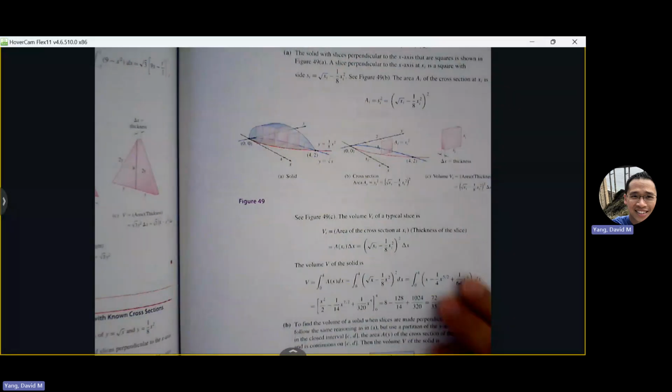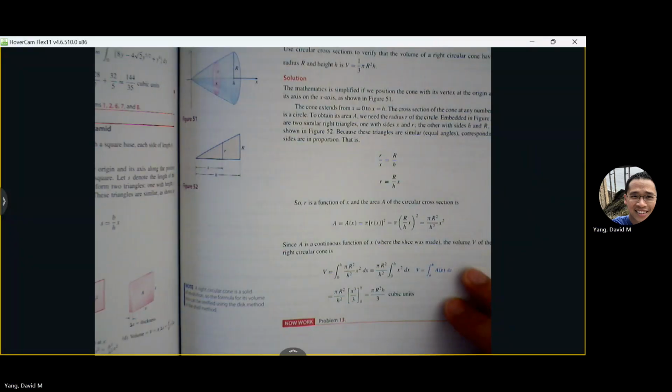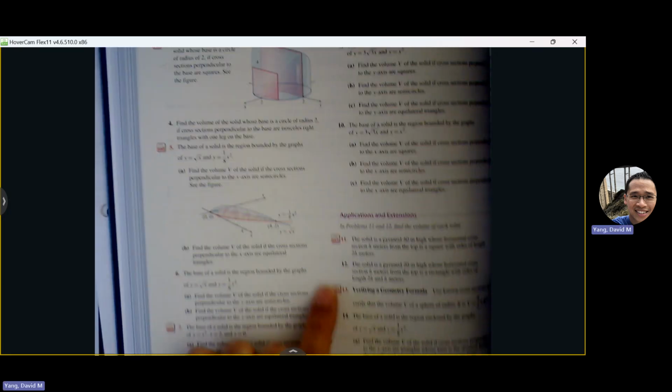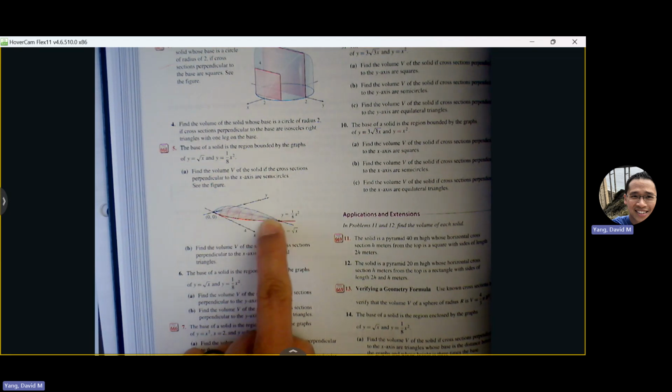This is the base, and you're building on top of the base a square cross section. This would be cross sections made up of triangles. Cross sections made up of squares again. And this is cross sections made up of squares. You've got a cross section here made up of semicircles. All right.